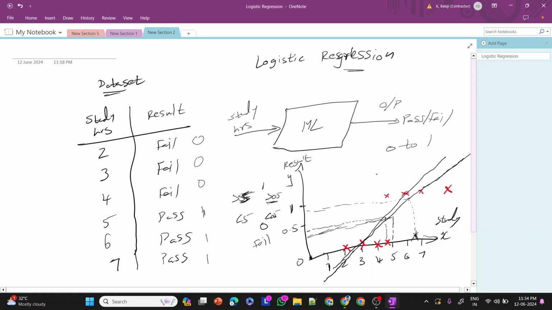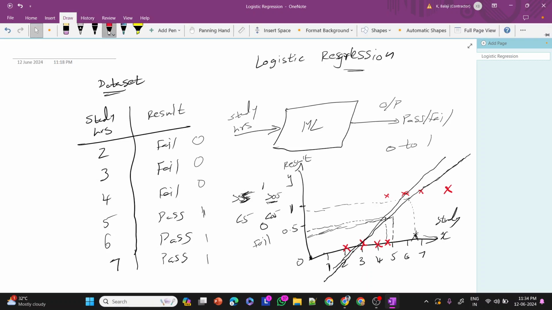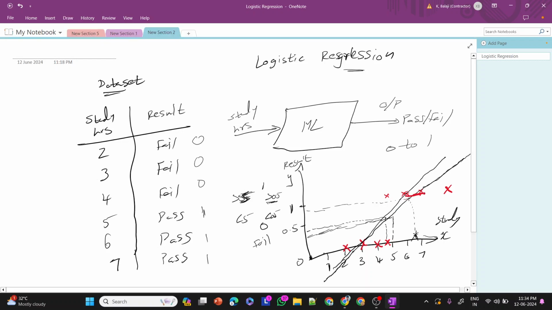We need to squash this line like this. Then only we will get the output as 0 or 1.